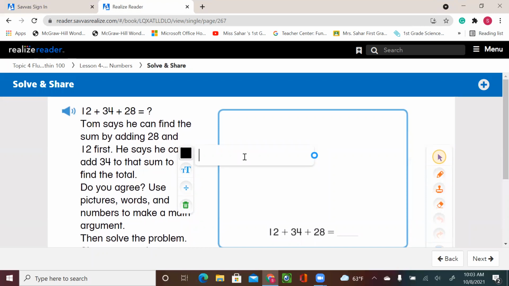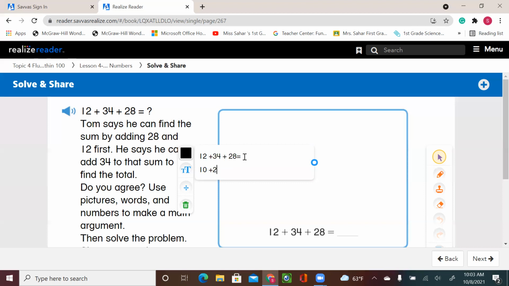All right, so he said that he will add the 12. Put our equation first. Okay, Tom says he wanted to add the 12 and the 28 first. So he's breaking apart the 12 into 10 and 2.